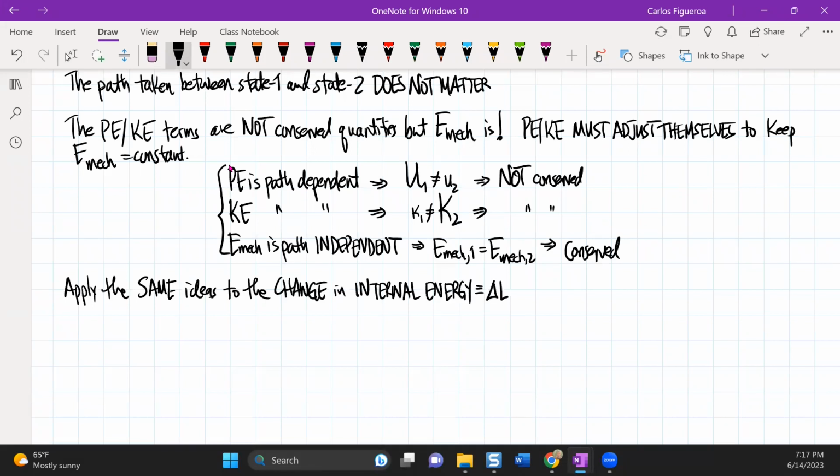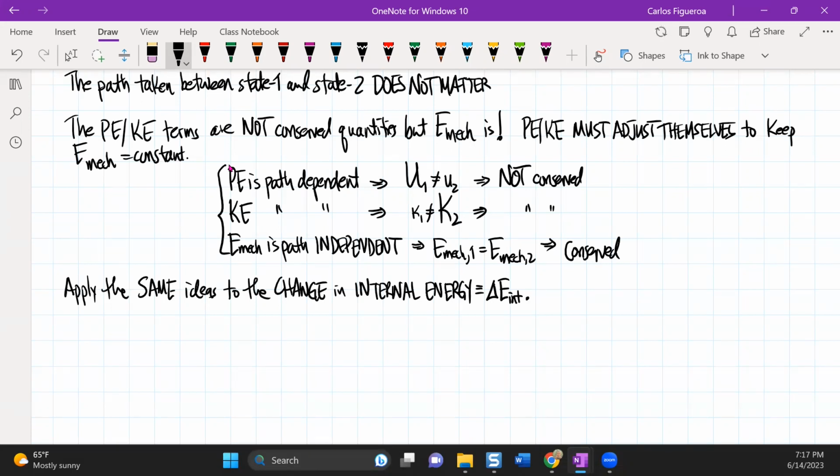Which I, of course, we have been defining like this. So we're going to apply this, and what you're going to see here is that the change in internal energy plays a similar role to the mechanical energy.